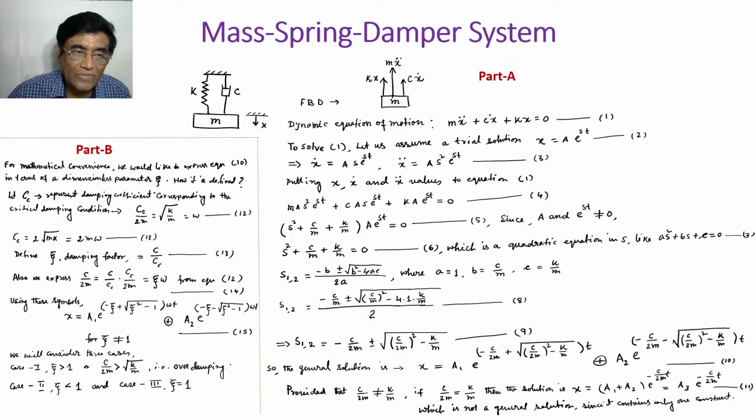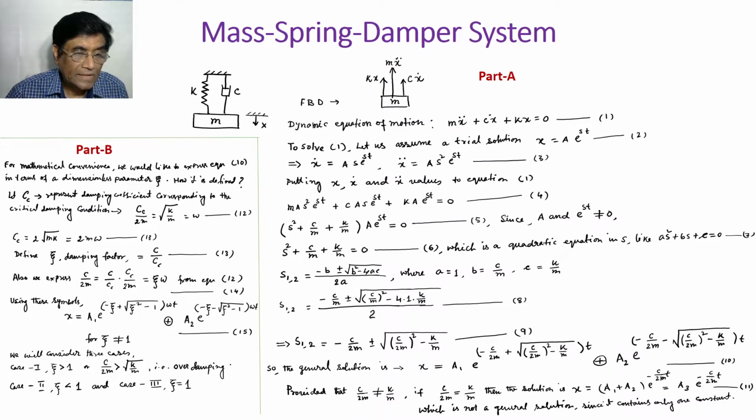In engineering, you have always done this in design also. They have advantages, right? They are very compact. That's why we have introduced a dimensionless parameter zeta, and we have defined it like this.